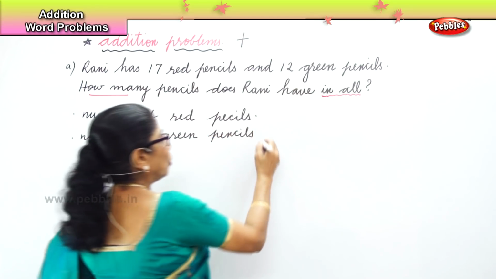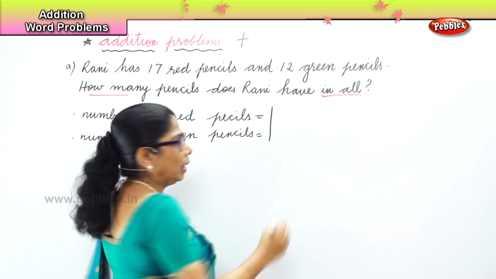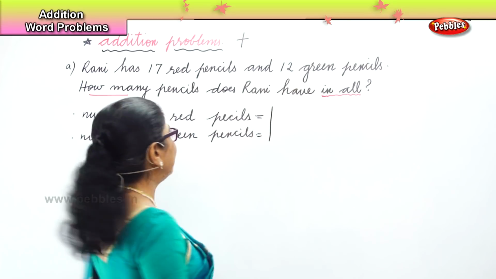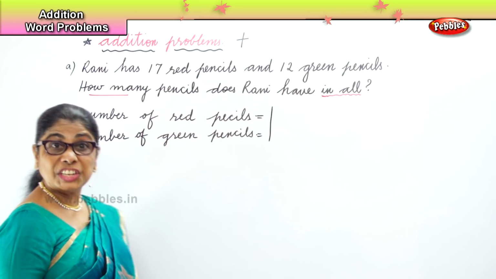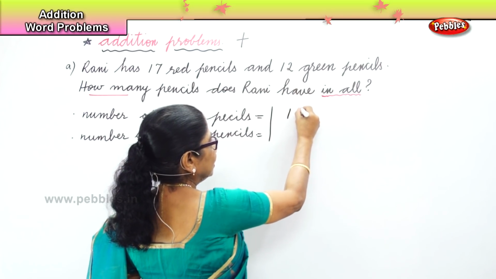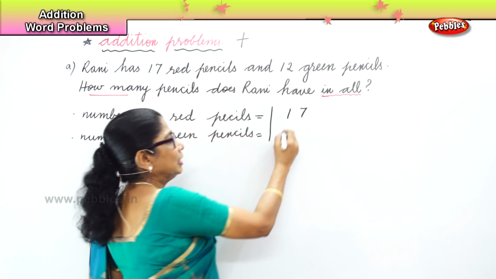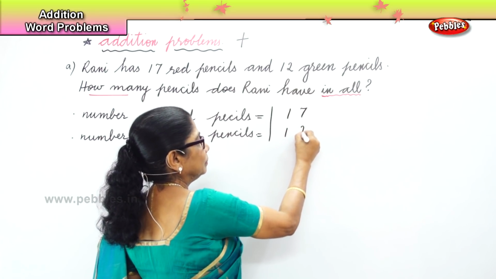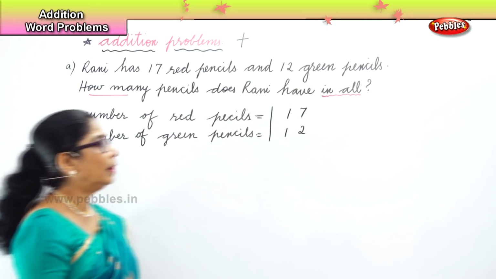Then you got to draw a small margin here. Draw a line. Number of red pencils. What is the number here? 17. So you have 1, 7. Number of green pencils, 12. Then what is the third final statement?